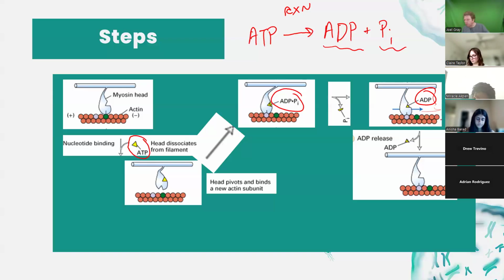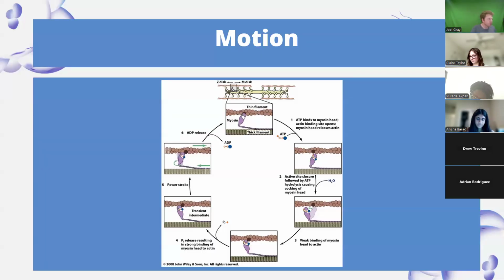A more formal representation of that is shown right here. This has the details of what's taking place, where we have this lurching, this movement forward. And that is pulling the actin filament closer, which is the contraction, getting those Z disks closer to one another.